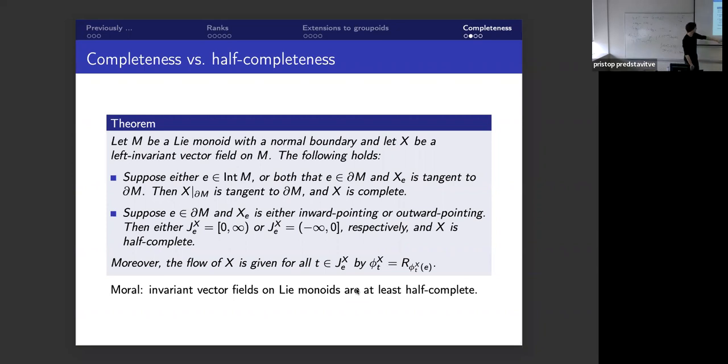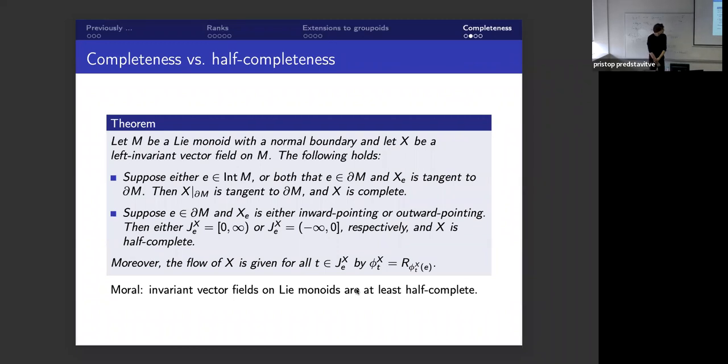What this is saying is that, first of all, the integral path of the left invariant vector field that starts at the unit must be the whole half ray, either the positive or the negative one. Moreover, X is going to be half complete. What that means is that this positive half ray, for example, is going to be included in J_G X for any G in the monoid.